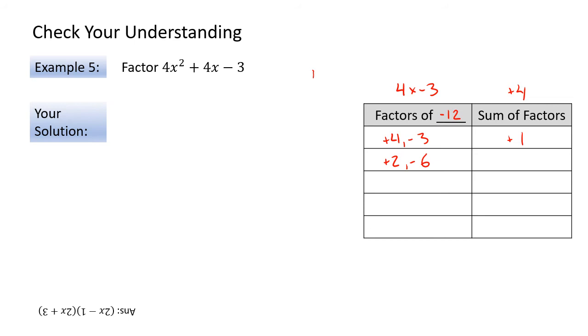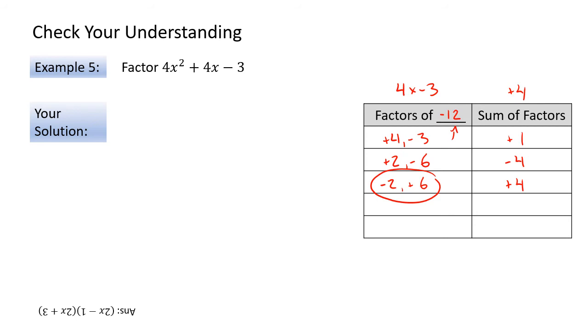So positive 2 plus negative 6 is negative 4. So that doesn't work. It's the negative of what we need. So instead, we could try negative 2 and positive 6. That gives you a value of negative 12. Okay? And when you add them up, it gives you positive 4. So we know what our factors must be. Negative 2 and positive 6.